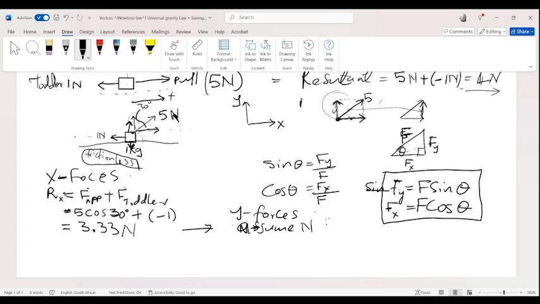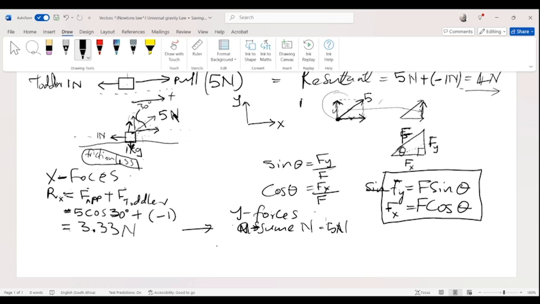Will 5 be enough? Yes, let's just assume that normal force equals 5 newtons.